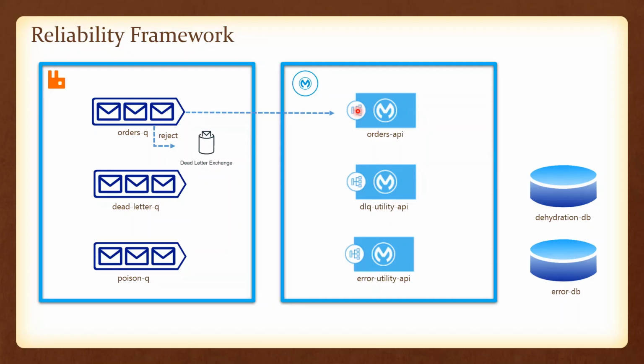Once the message is rejected, the queue will move the message to the dead letter exchange based on what dead letter exchange has been configured. We saw this in the previous video, right? We can configure a dead letter exchange along with the routing key, and then the exchange will automatically move it to the other queue. In this case it is the dead letter queue and the routing key is dlq.